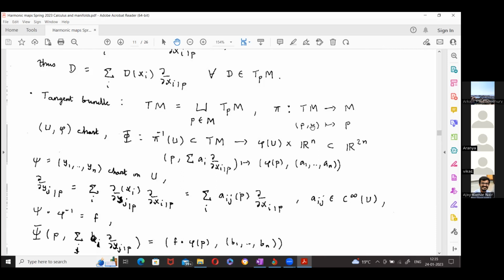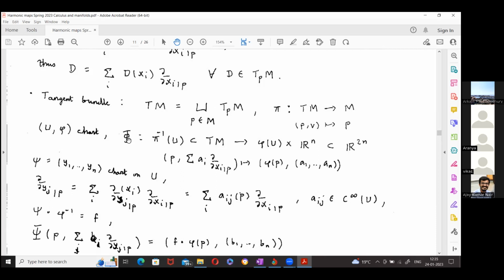Now we can make this tangent bundle into a manifold of dimension 2n. How do we do this? If I have a chart (U, phi), then I can define a chart capital Phi on this tangent bundle.